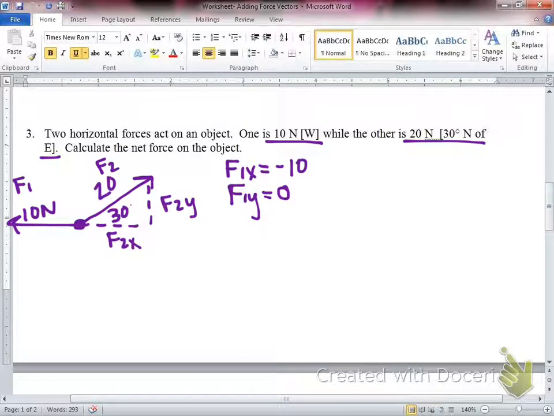No. F sub 2x and F sub 2y, we're going to have to do a little work to find those, because they are components. So F sub 2x, do we use sine or cosine? Cosine, because it is adjacent to that 30-degree angle. So we're going to take 20 times cosine of 30 degrees.